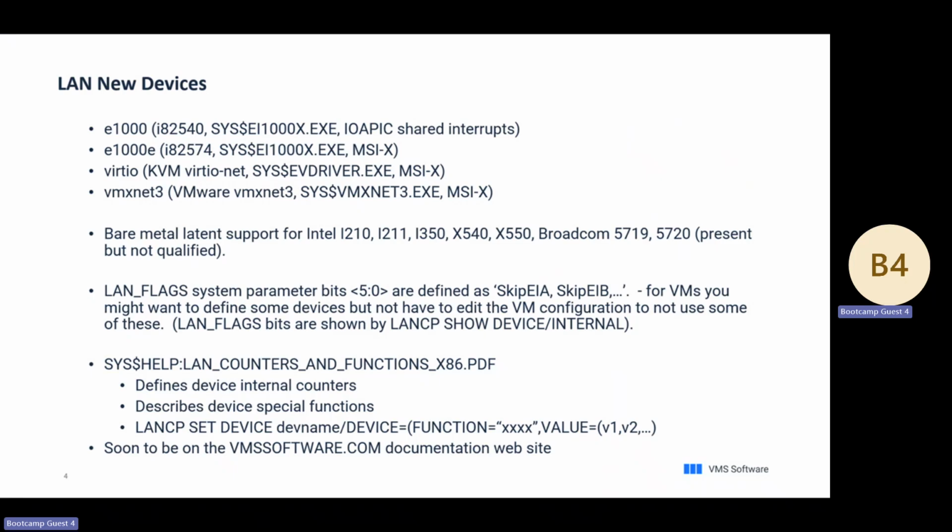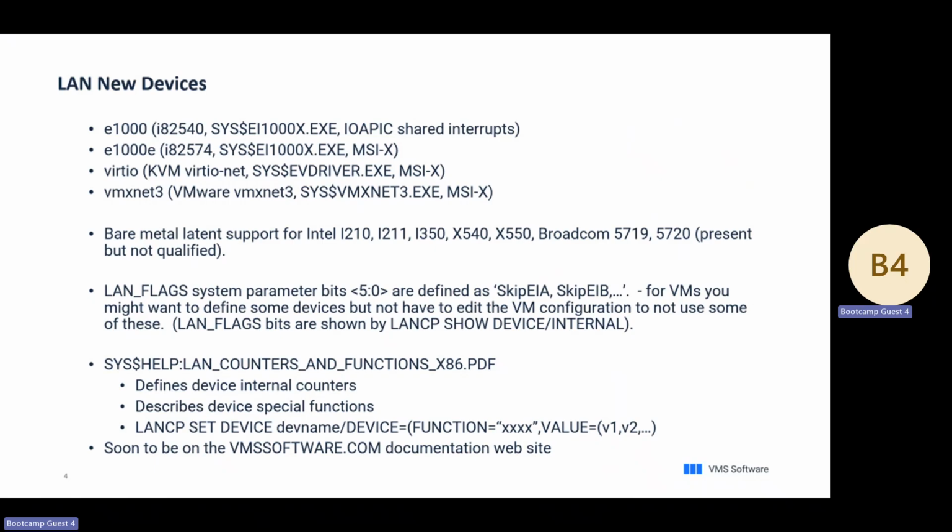I'll have Tim go over the new devices here. These are the new devices that we have in x86. The E1000 and the E1000E, an emulated version of the Intel 1 gig driver. The main difference between those two is that the E1000E has its own MSI-X interrupts, and the E1000 shares interrupts with all the other devices.